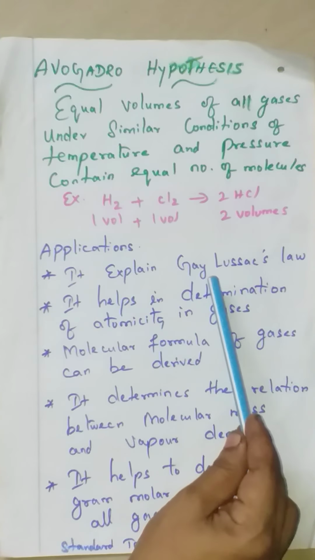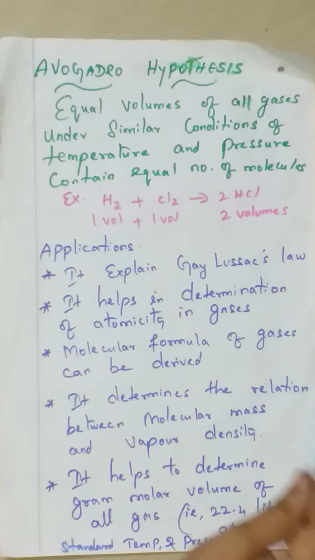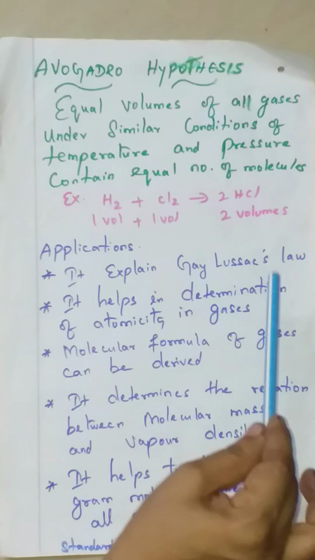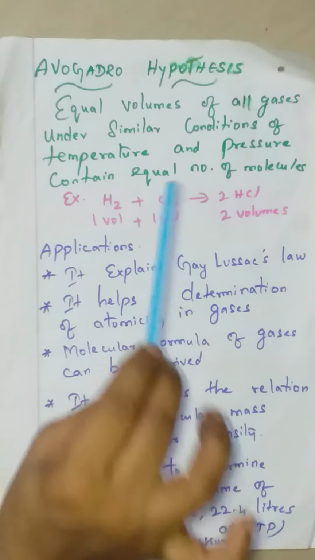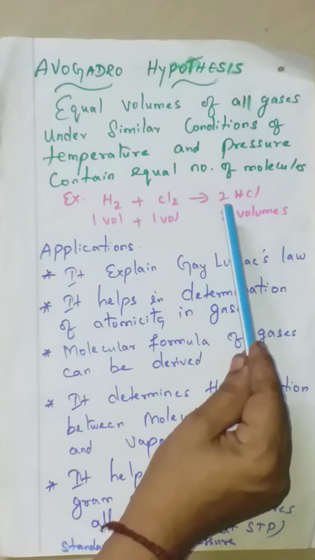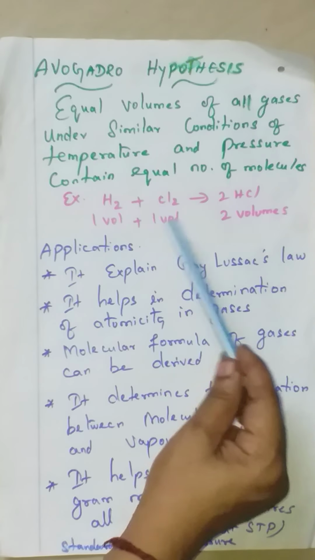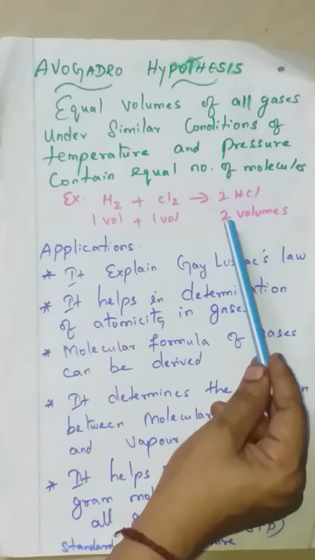It explained Gay-Lussac's law. Gay-Lussac was also a scientist who explained a law, and Gay-Lussac's law also depends on Avogadro's law. See, here H2 plus chlorine gives 2 HCl. Here 1 volume, here 1 volume, but on the product side, 2 volumes.